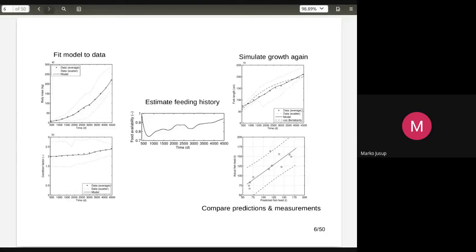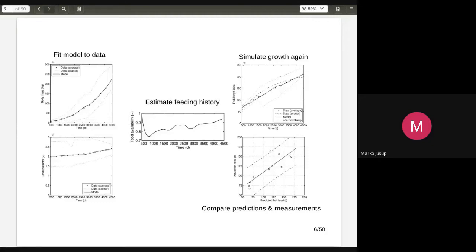We used this growth data, ran the model in the opposite direction, and estimated the feeding history. Then, using that estimated feeding history, we ran the model in the normal direction and saw that these fish were calorically restricted.